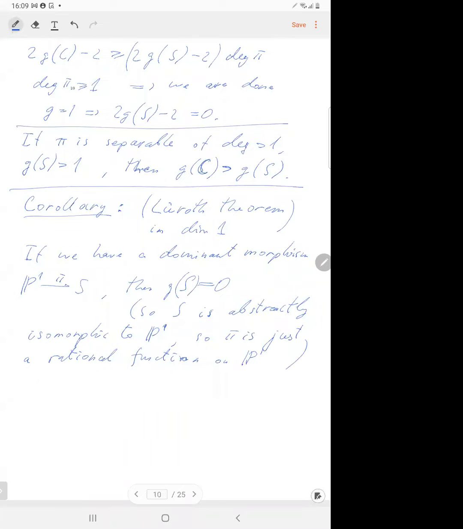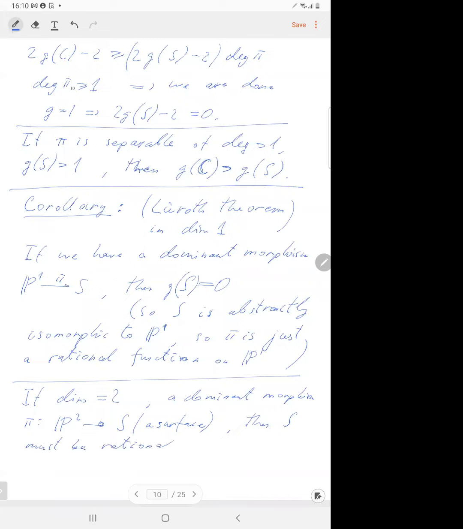So in fact, if the dimension is 2, and we have a dominant morphism pi from P2 to some surface S, then S must be rational.